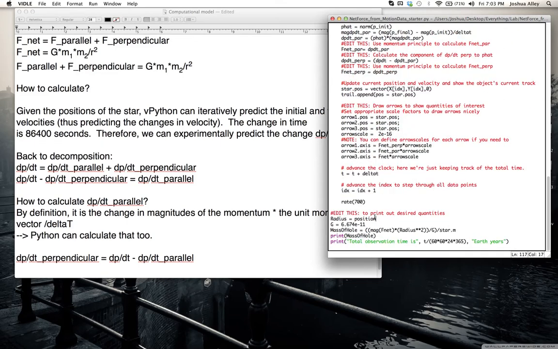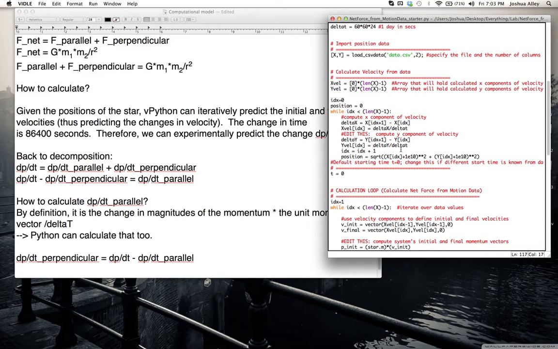I said the radius is equal to the position, where that position is just the relative distance between the x and y position of the black hole and the x and y position of the star, so the square root of that squared.